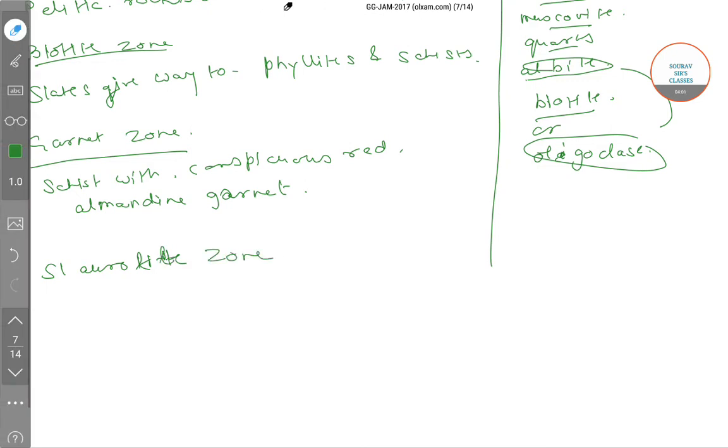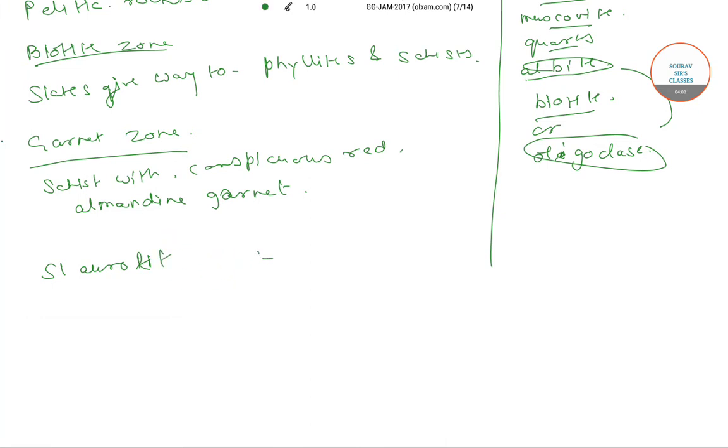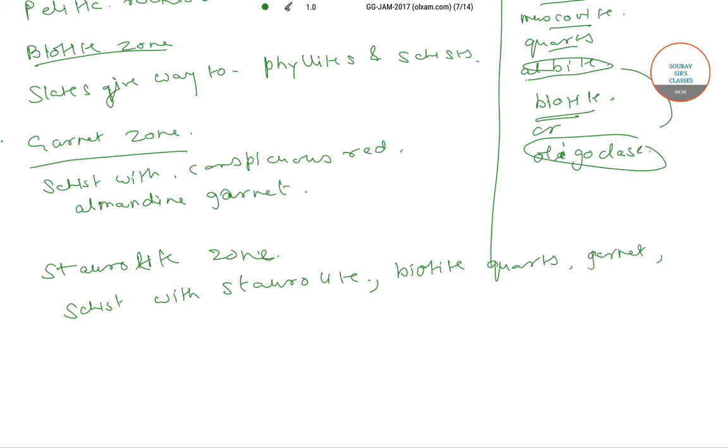Now in this zone, the schist with staurolite, then biotite, muscovite, quartz, garnet, and plagioclase.